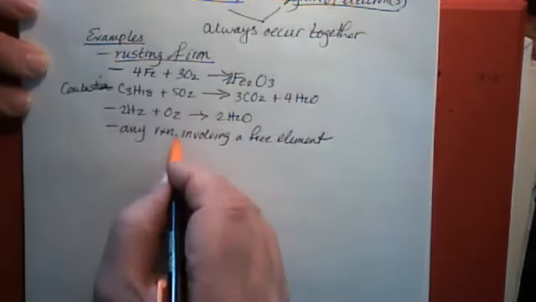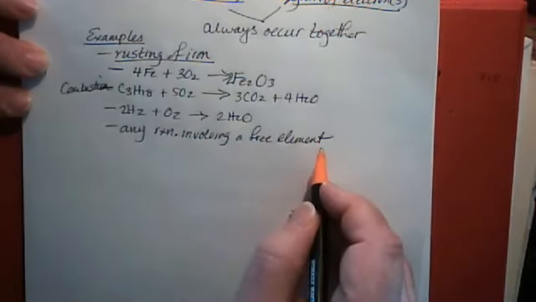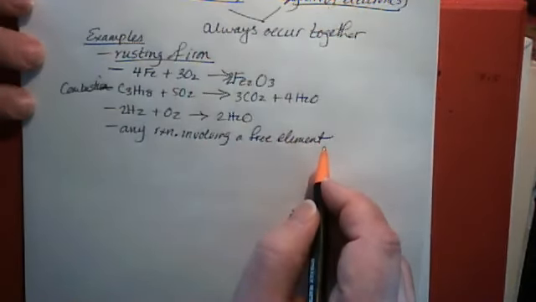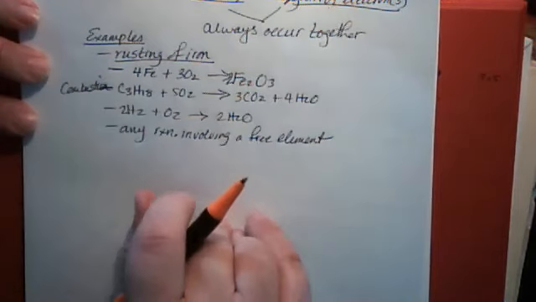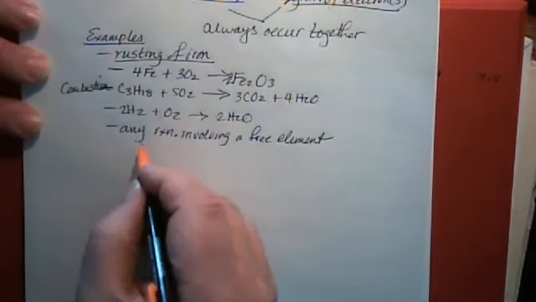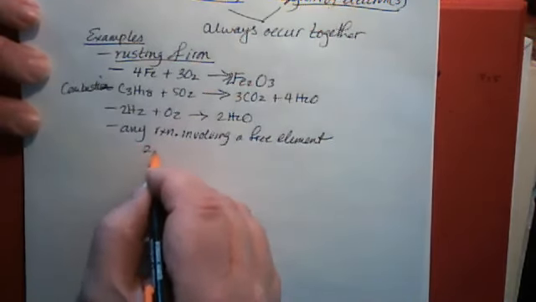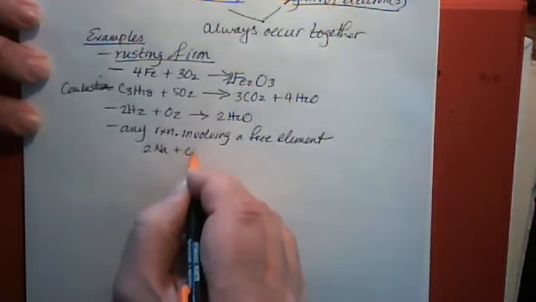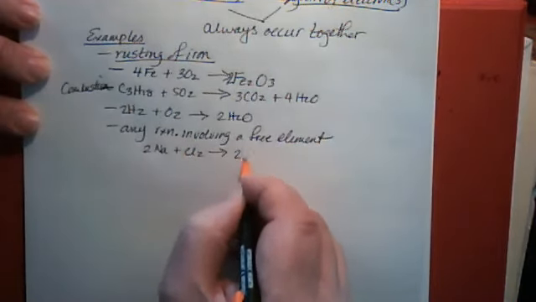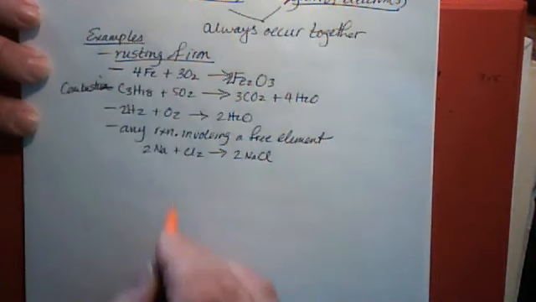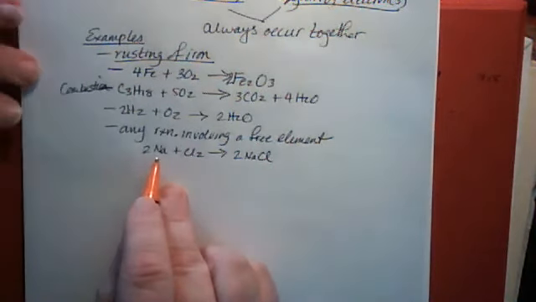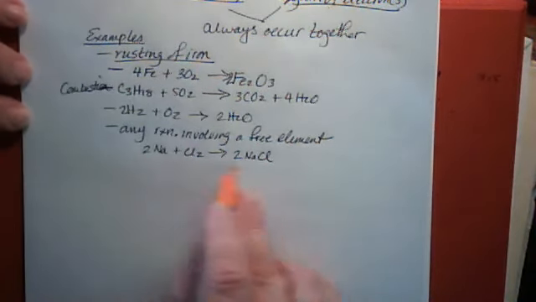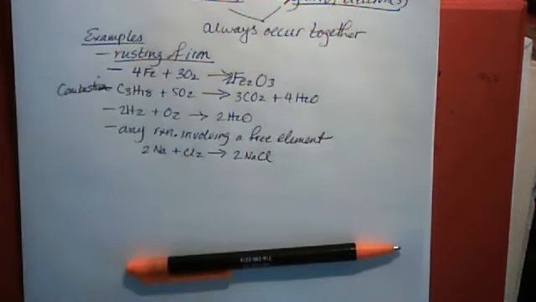And in fact, any reaction that involves a free element as either a product or a reactant is an oxidation reduction reaction. So for instance, if you react the element sodium with the element chlorine to form sodium chloride, that is an oxidation reduction reaction.